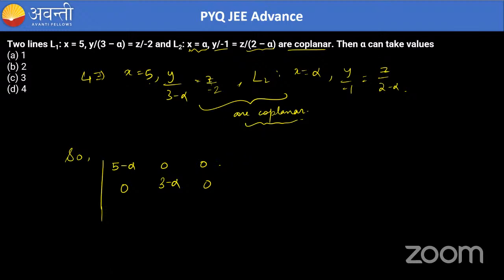So here, now 5 minus alpha, 0 comma 0, 3 minus alpha, 0 comma 3 minus alpha comma minus 2, right? Here it will be left with minus 2. For y we are writing here y, and for the third line it will be 0, minus 1, 2 minus alpha, right?